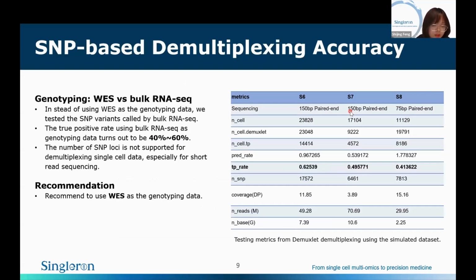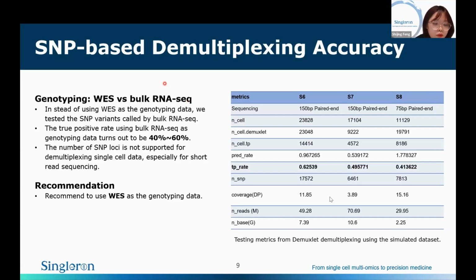We also tested different types of genotyping data as a reference for single-cell RNA-seq demultiplexing. Except for WES, we also tested SNPs called from bulk RNA-seq, because it's a very commonly used technology. The simulated data set combined 3 scRNA-seq data sets with paired bulk RNA data available, and Demultiplexing was used for the testing.